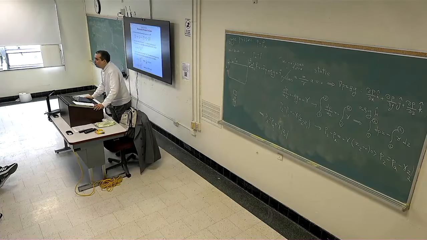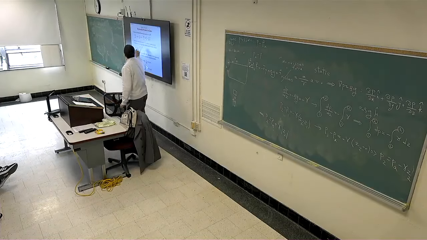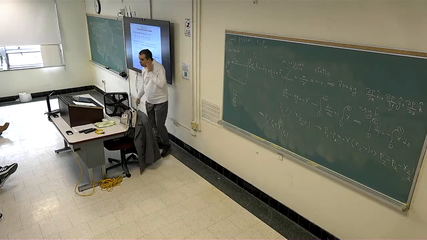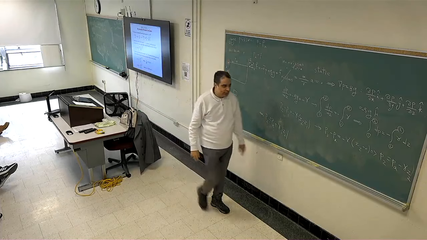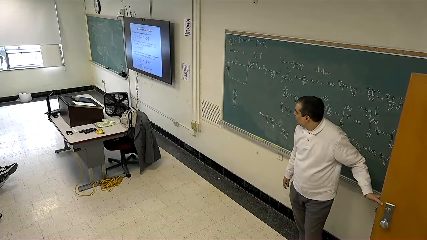If I tell you air is isothermal, P at any altitude is connected to P at the reference with this equation. So it is an exponential with a negative sign.